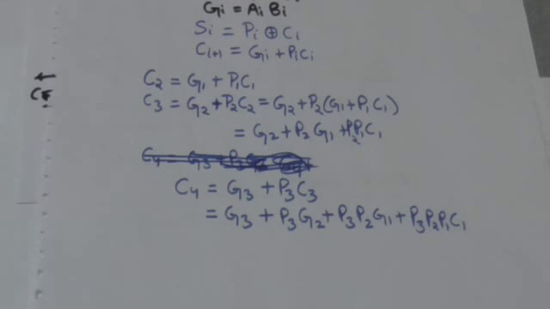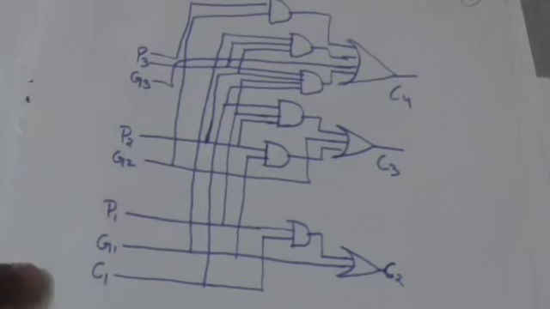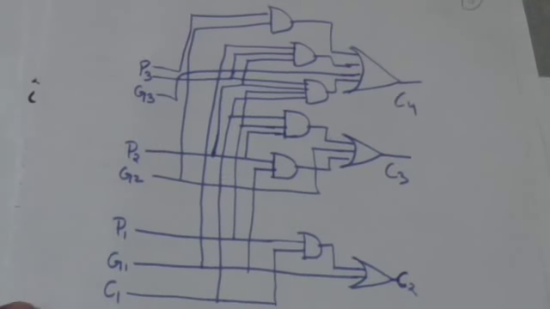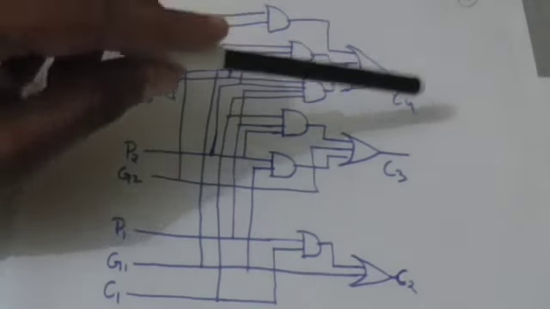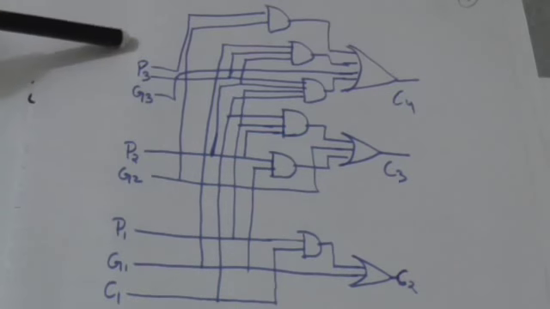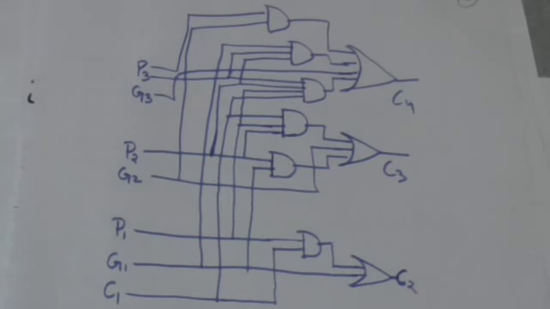So from these Boolean functions we can make a logic diagram for this combinational circuit called look ahead carry generator. This is the logic diagram for look ahead carry generator. These are its output variables and these are its input variables.